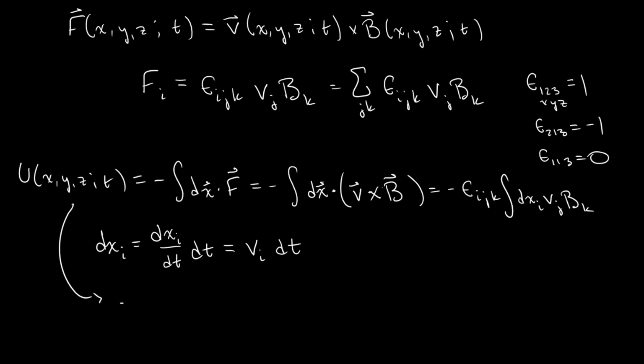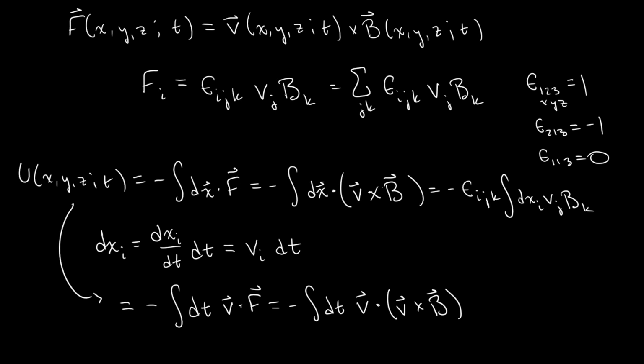Rewriting this, I get something like minus the integral dt v dot F, which in this case is going to give me dt v dot v cross b, or in index notation, minus epsilon_ijk integral dt v_i v_j b_k.